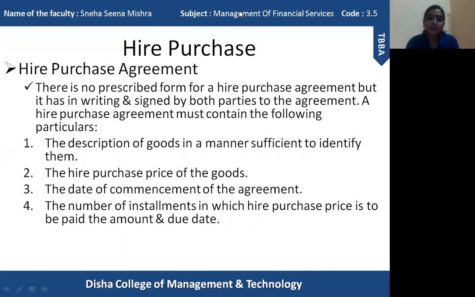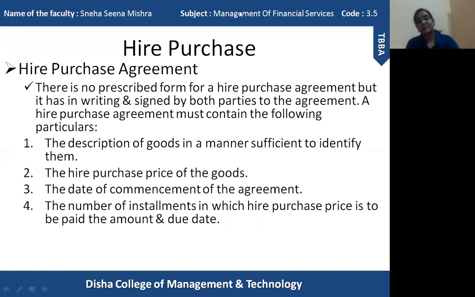That is not the right way of creating an agreement. The property given on hire must be described in such a way that it can be easily identified.